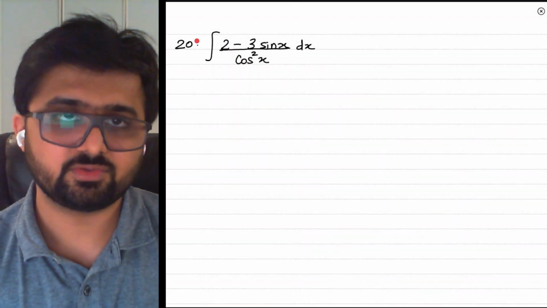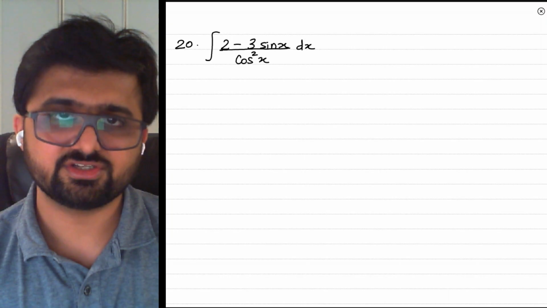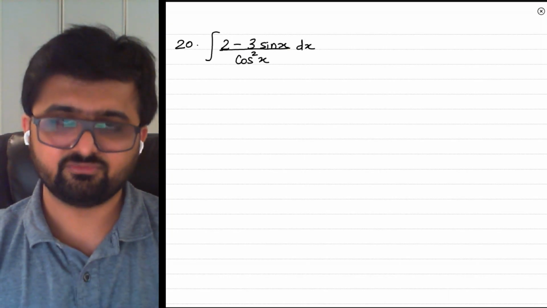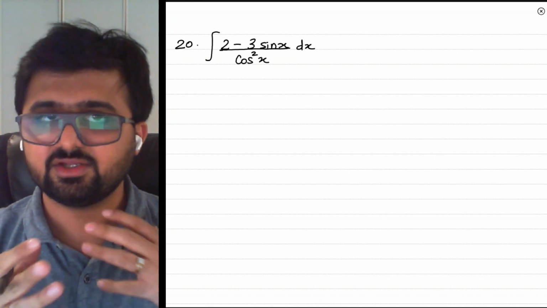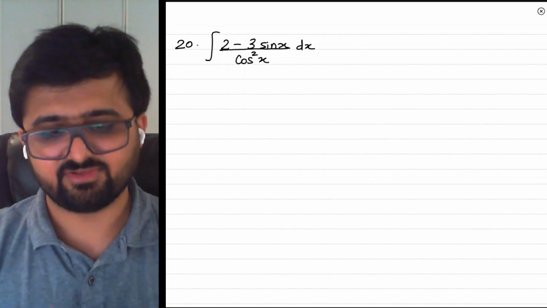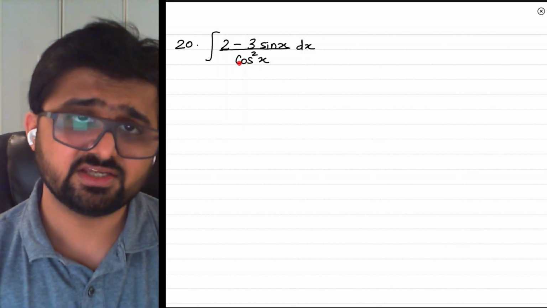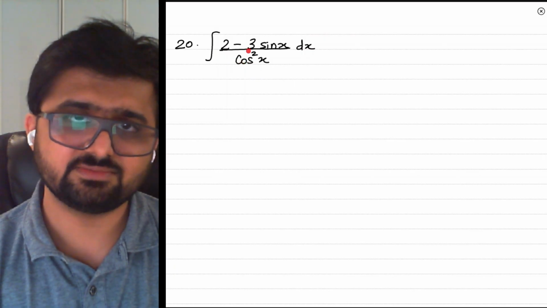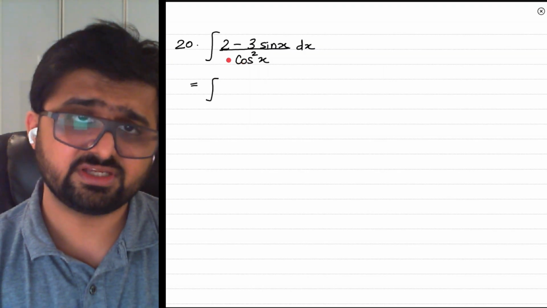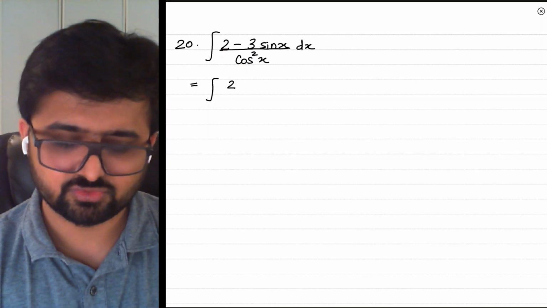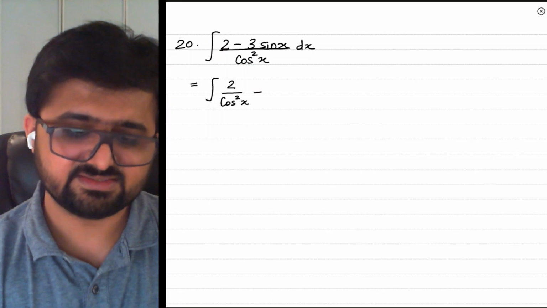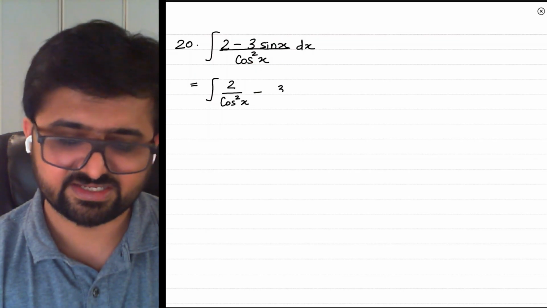All right, let's look at question number 20. Again, there is a division here. We know in integration, whenever there is a term which cannot be directly integrated, we try to simplify it by some kind of algebraic or trigonometric simplification. So in this case, we can split this cos square x in both the terms. We can say integral of, give this cos square x to 2, so 2 divided by cos square x minus, give this cos square x to this 3 sin x.